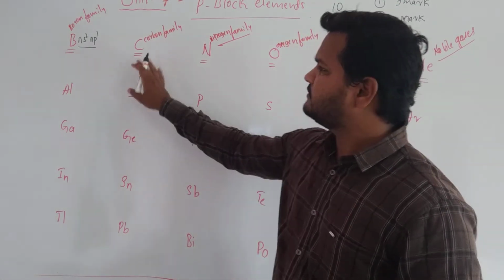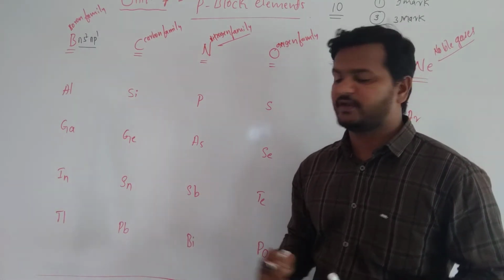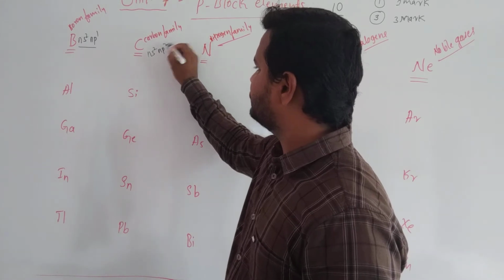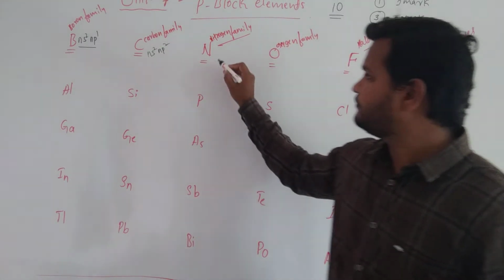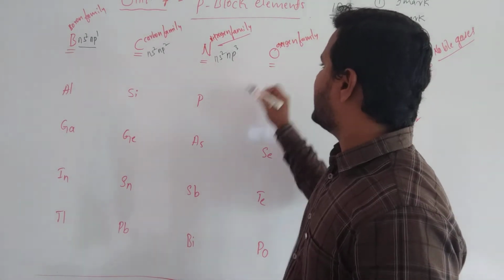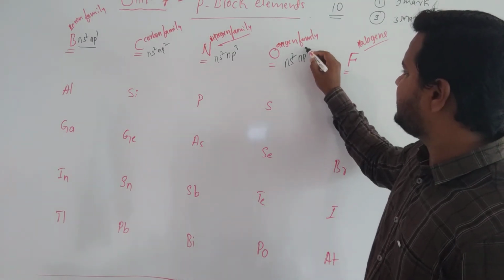And next one, what about carbon family general outermost electronic configuration? ns2 np2. And nitrogen family? ns2 np3. Oxygen family? ns2 np4.